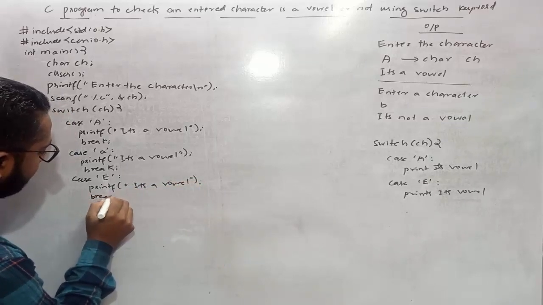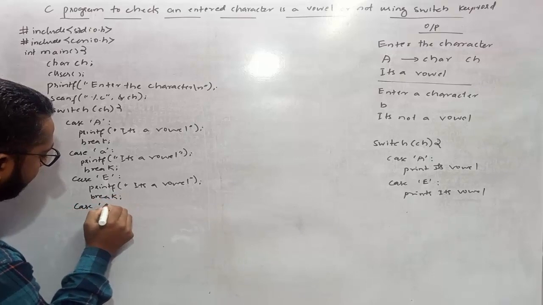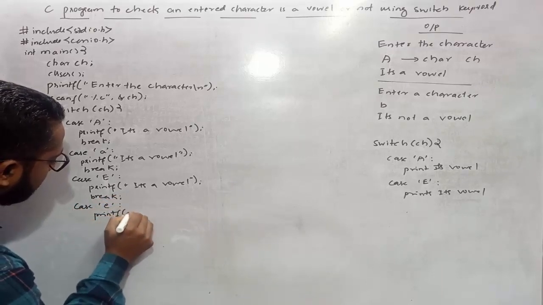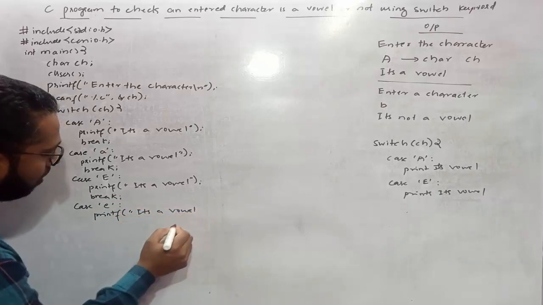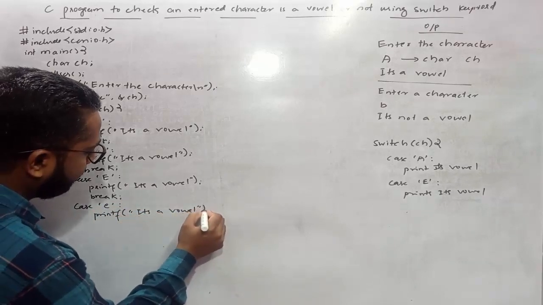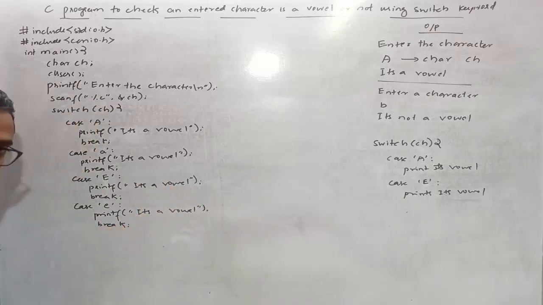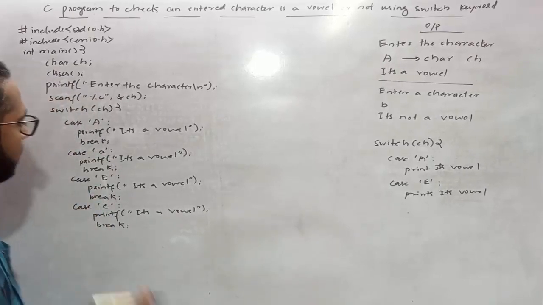Then break, then case lowercase e, printf it's a vowel, break. Okay, so like this I need to do for each and every vowel.